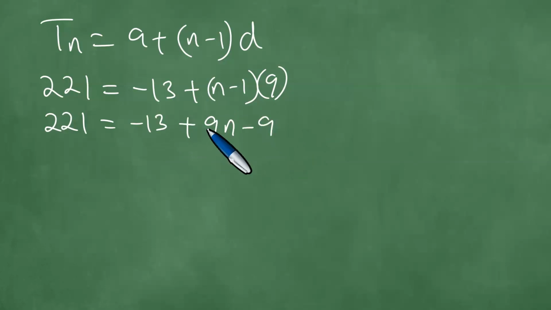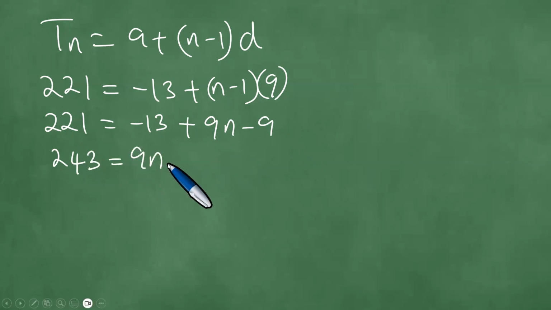We just distributed and opened up the brackets here. What is minus 13 minus 9? Minus 13 minus 9 is minus 22, which when you bring across becomes 243 equals 9n.